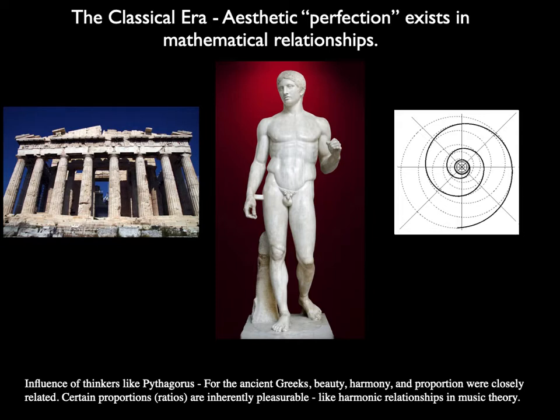it's a pretty profound idea. Pythagoras was an ancient Greek philosopher who discovered that when sounds existed in frequencies that had proportional relationships to one another, there was what we call harmony, this sort of pleasurable sound that emerges through these very specific relationships between tones.